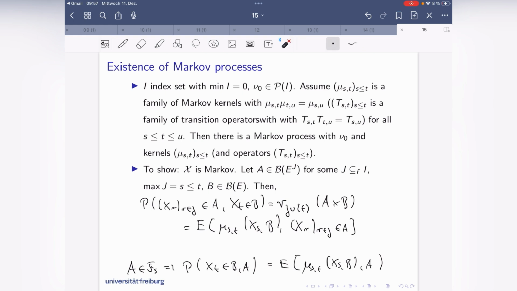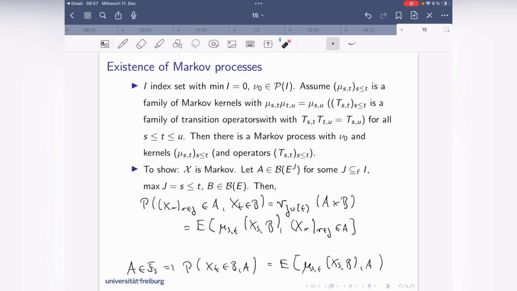So A was a set in the Borel sigma algebra of E to the power of J. So A is dealing with elements less than or equal to s. In particular, all these A's form a generator for the sigma algebra Fs. And since we have proved this here, that holds for all A in Fs.